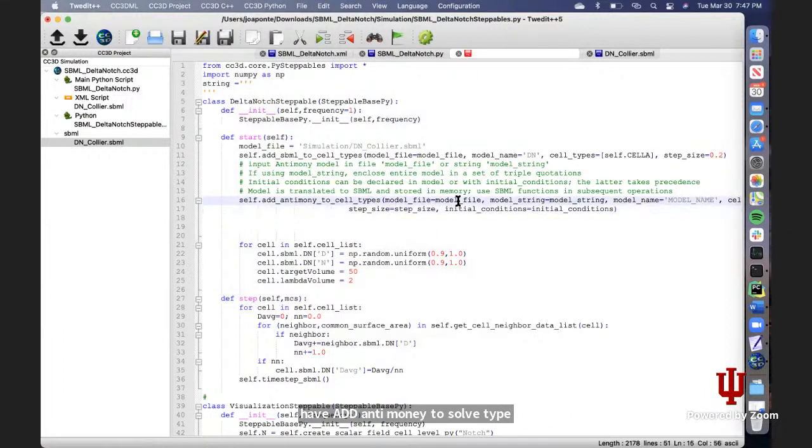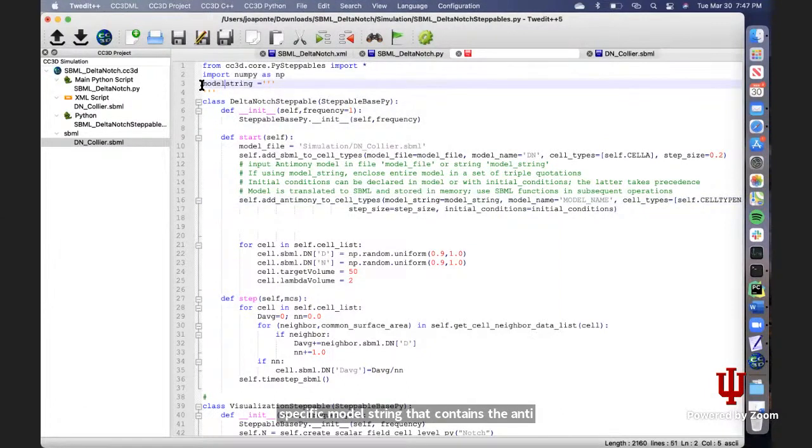And again, I could have a file that specifies what the Antimony string is, or I could also have the specific model string that contains the Antimony model.